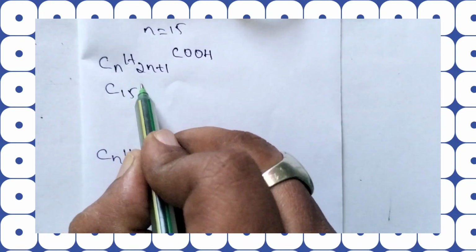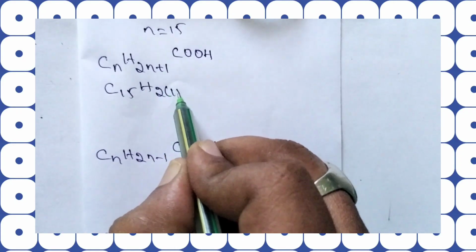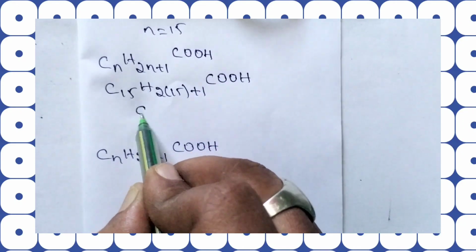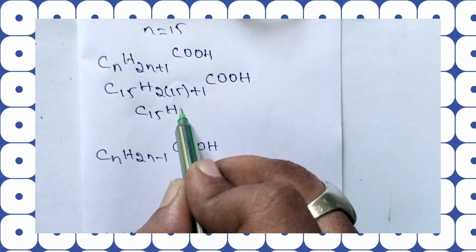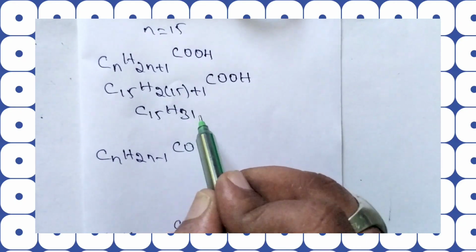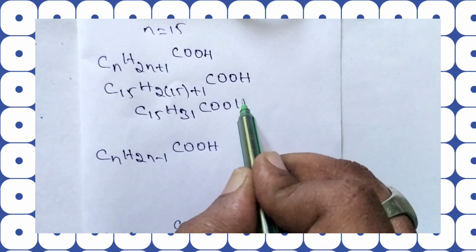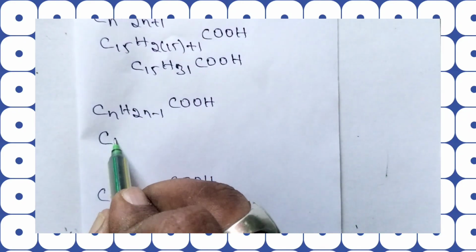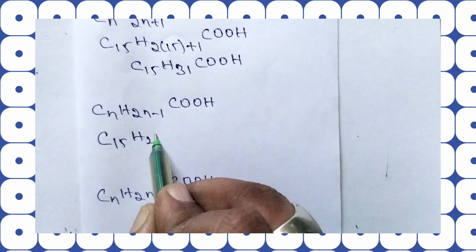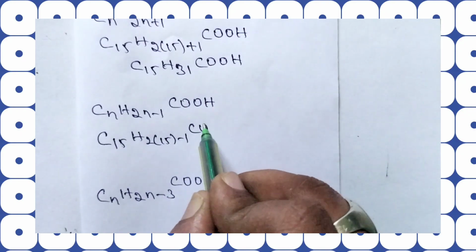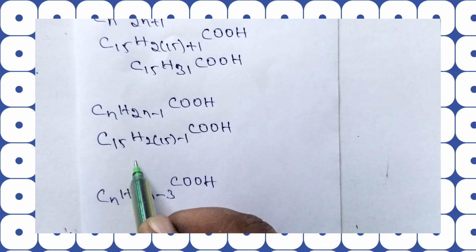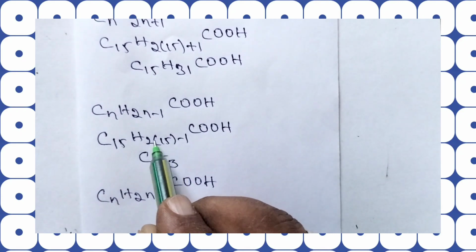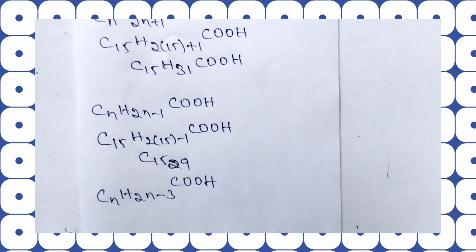See n andre 15, H2 into 15 plus 1 COOH. It will become C15 H30 plus 1, 31 COOH. So second one, C15 H2 into 15 minus 1 COOH. So it is C15, 2 into 15 is 30, 30 minus 1 is 29.